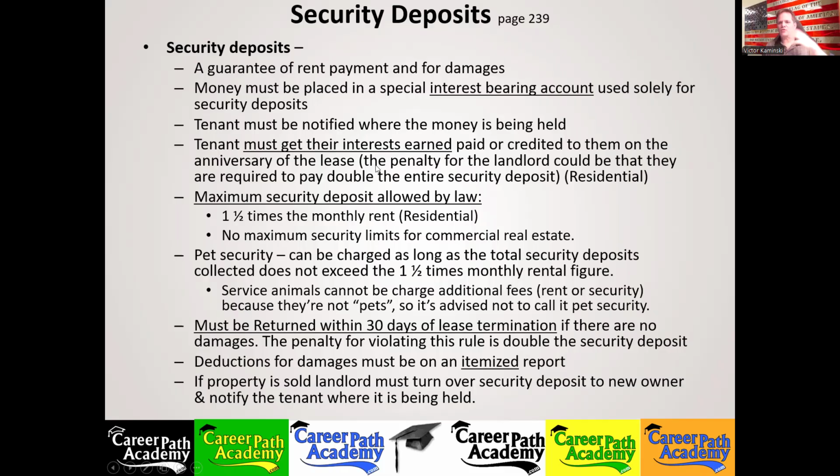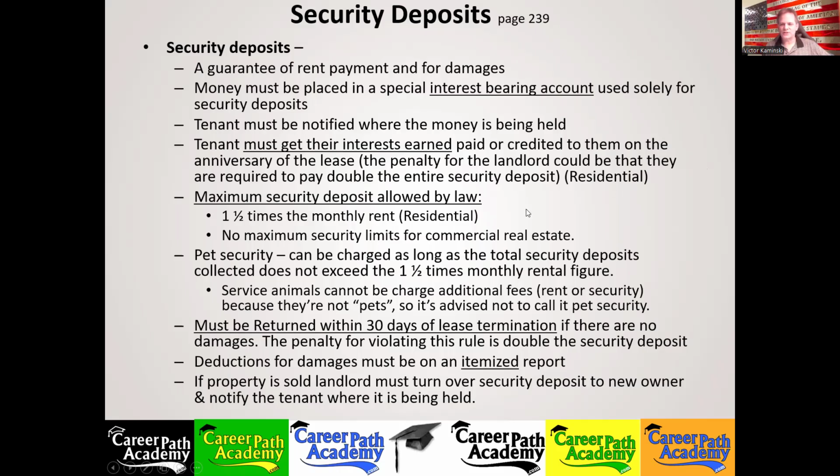They either get it as a credit on the anniversary of the lease towards their rent, or they get a check for it. So the penalty, if the landlord does not do this and the tenant knows their rights, they could take the landlord to court, and the landlord could be required to pay them double the entire security deposit.